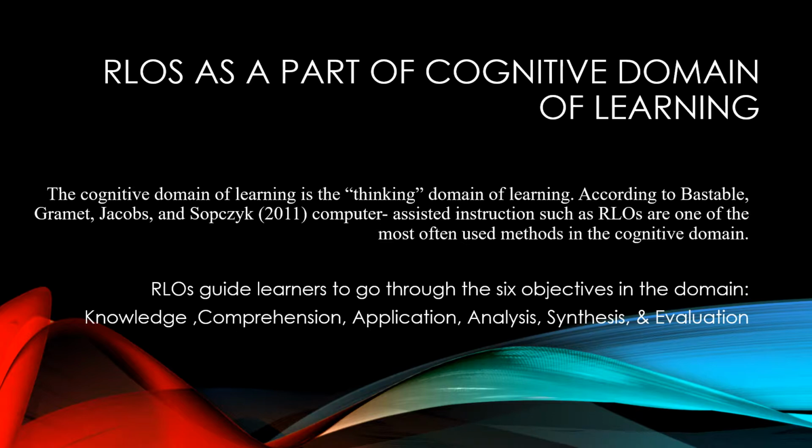The objectives in the cognitive domain are knowledge, comprehension, application, analysis, synthesis, and evaluation. All of these can be reviewed in RLOs, especially evaluation, which is a key part. You can put that as a quiz at the end or a poll, something like that. But they can all be addressed in RLOs.